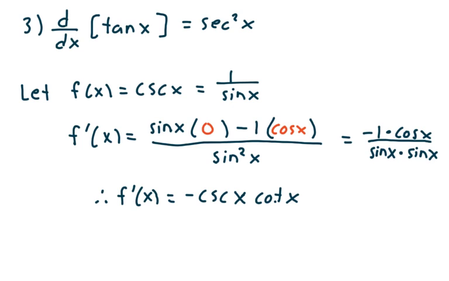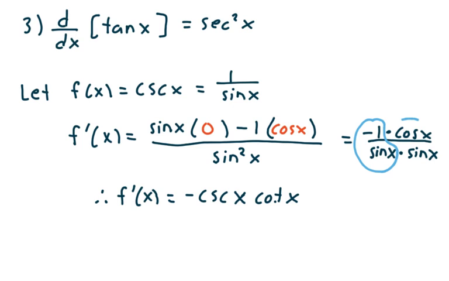Now, I want you to notice how I write this. I write this very strategically. This is equal to negative 1 times cosine x divided by sine x times sine x. Remember that sine squared x is sine x times sine x. And I'm going to section it off accordingly. Now, I want you to notice that negative 1 divided by sine x is equal to negative cosecant x.